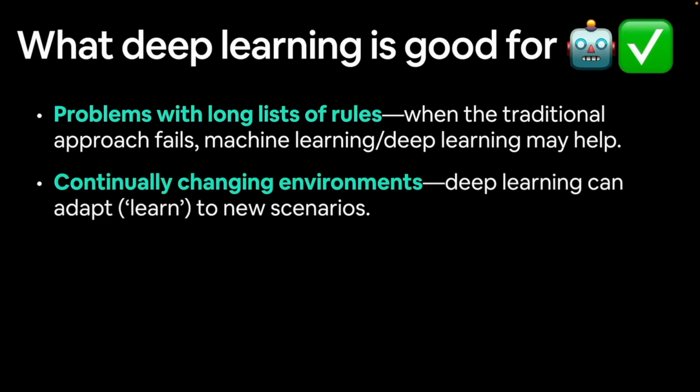Continually changing environments. One of the benefits of deep learning is that it can keep learning if it needs to. And so it can adapt and learn to new scenarios. So if you update the data that your model was trained on, it can adjust to new different kinds of data in the future. Similarly to if you are driving a car, you might know your own neighborhood very well.